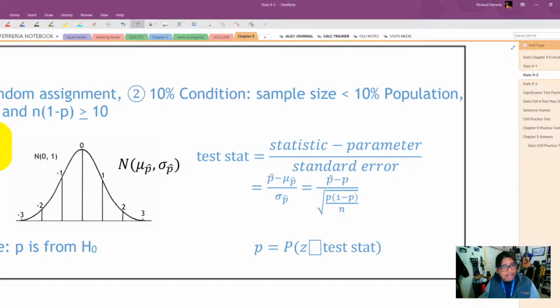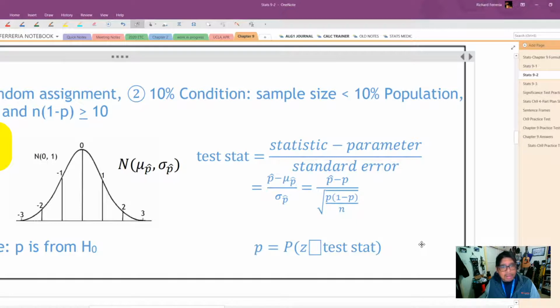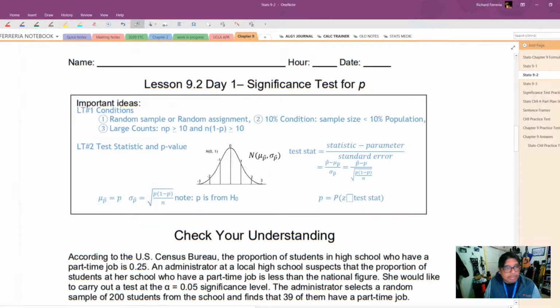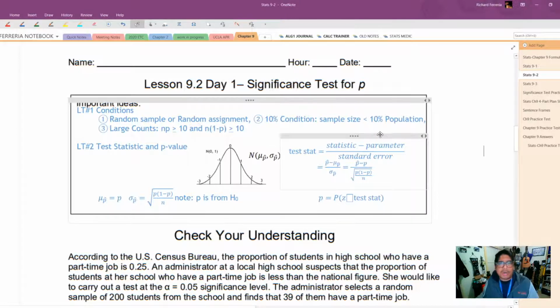And finally, we have the p-value, which is just a probability on a z curve that z is either greater than or less than the test statistic. So that's quite a mess of formulas, but you've met most of those before. This is where it pays to have been really diligent the last couple of chapters. Let's go to check your understanding.